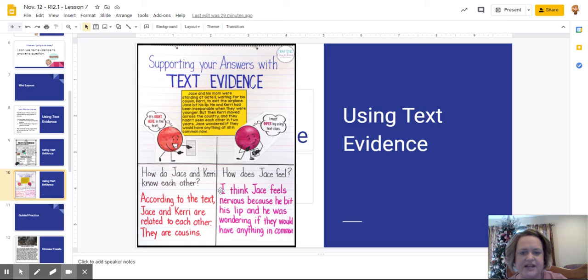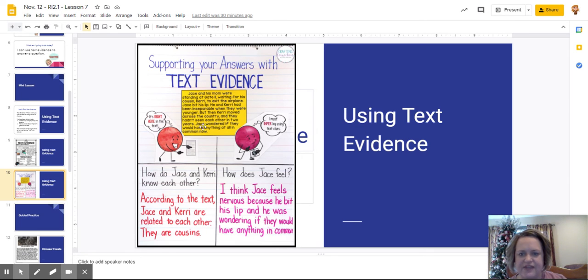Now let's look over here at how does Jace feel? This is going to be an inference. You're going to have to infer from the text clues because it doesn't come right out and say Jace is feeling blank. So we have to use the clues to determine how he feels. And right here it says Carrie's moved across the country. They haven't seen each other in 2 years.